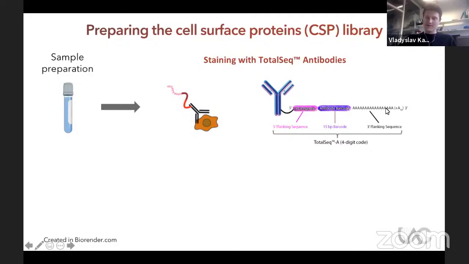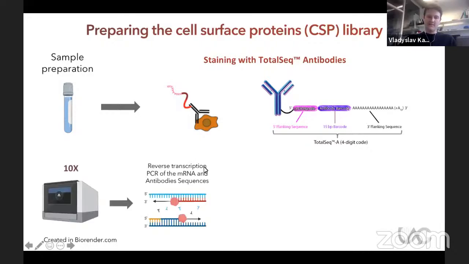This sounds a little bit familiar because poly-A is something that is also present in messenger RNA molecules. That means this poly-A tail may also be targeted by the beads with the help of the poly-T sequence. So basically, you will have an antibody carrying an oligonucleotide that can be targeted in the next step with the help of the reverse transcriptase reaction and the beads.